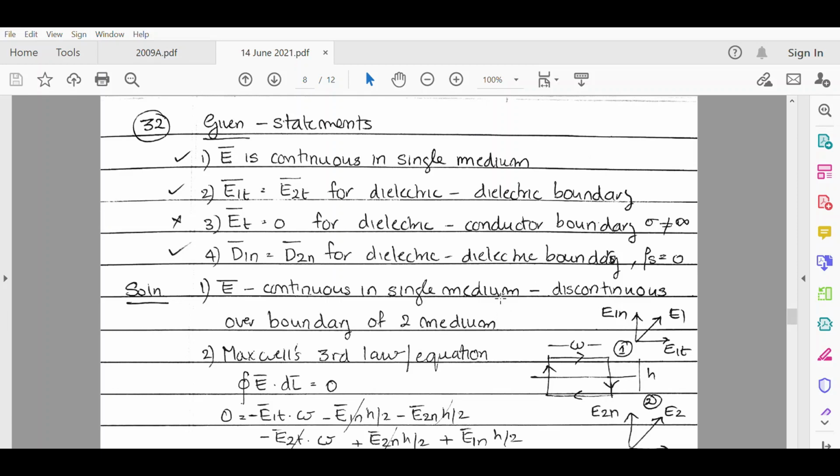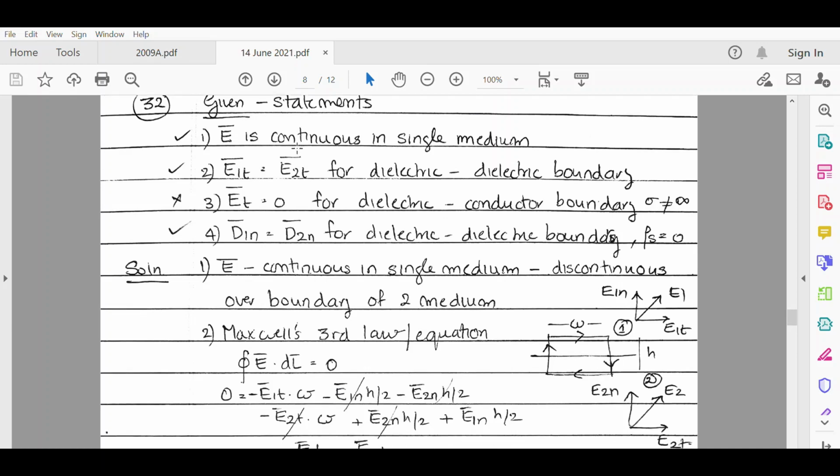So this statement is correct. First statement is correct. Now the second statement is the tangential component of electric field for dielectric boundary is equal. So that is what has been represented over here.